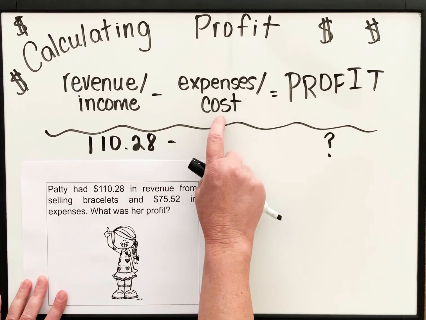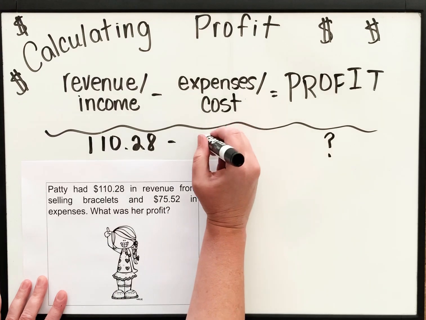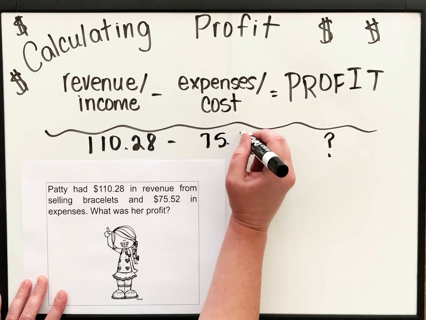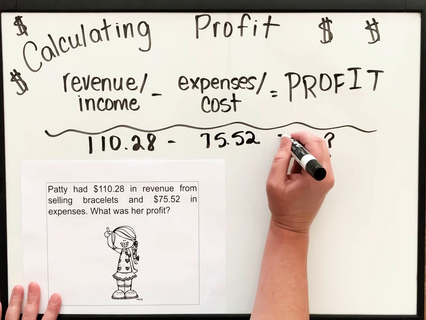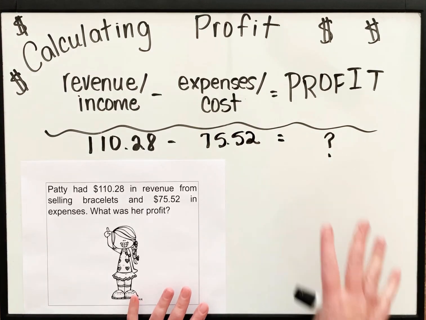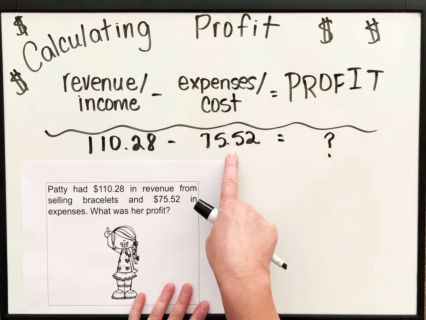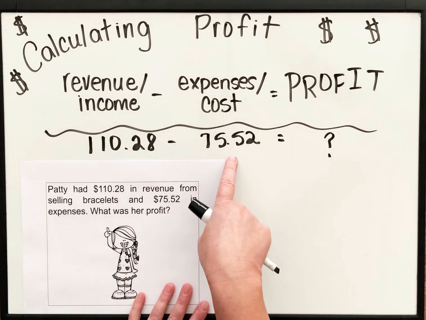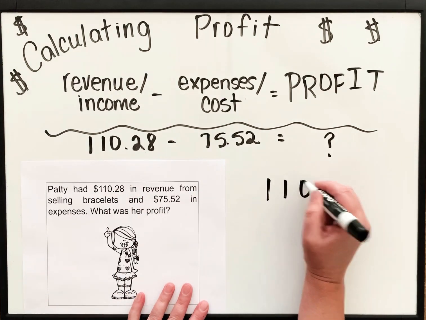Those supplies cost her money. So her costs were $75.52. That's kind of a lot. So let's do our math. So to calculate profit, we subtract the amount of her costs, how much money did she spend, from the amount she made. So let's do that math.